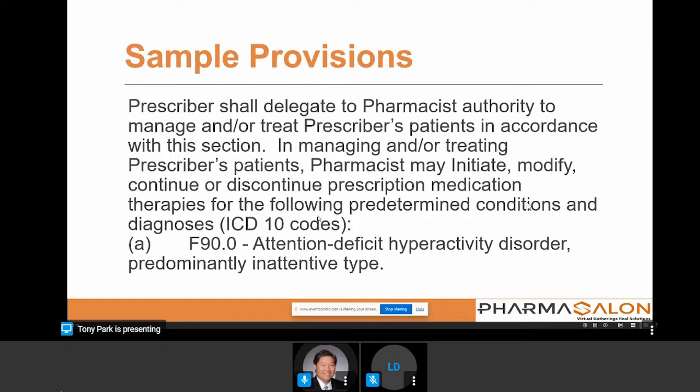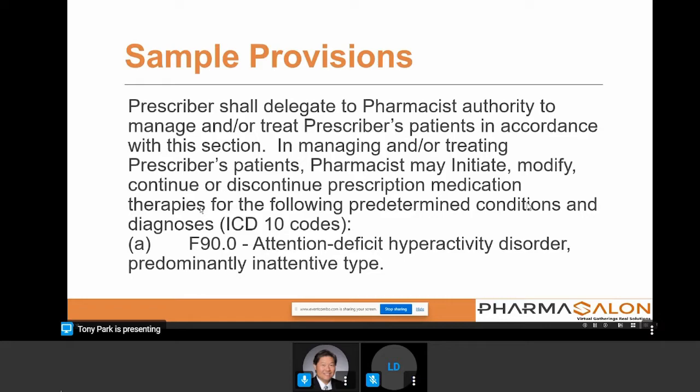I think the longest list I've had was something like 25 or so ICD-10 codes, for which the prescriber had very strong professional trust in the clinical pharmacist, and to this day they're working quite nicely. This is just one of many ways that you can address this specific detailed list of the types of conditions and the types of patients that are going to be managed.